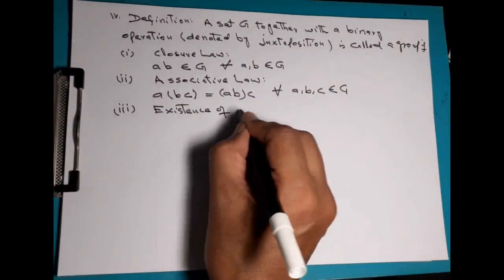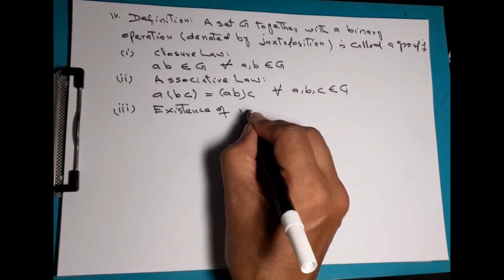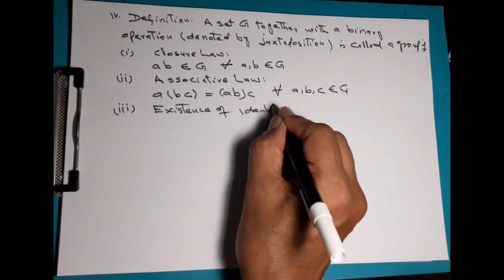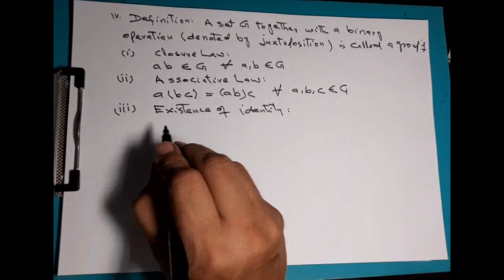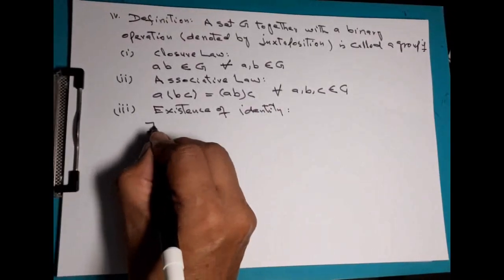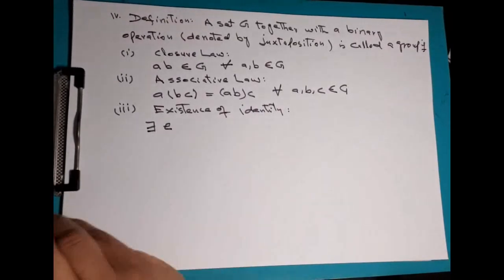Existence of identity element. What we mean by this is that there must exist an element, we denote it by E mostly.